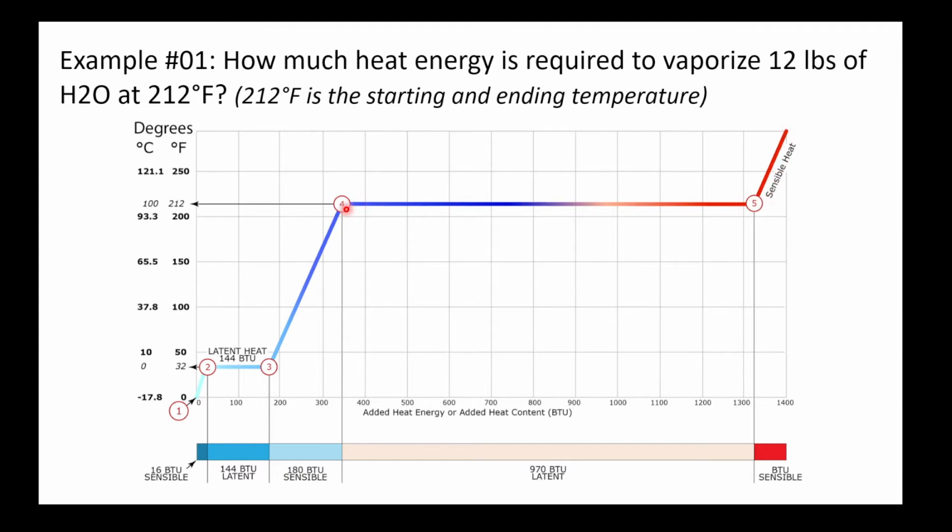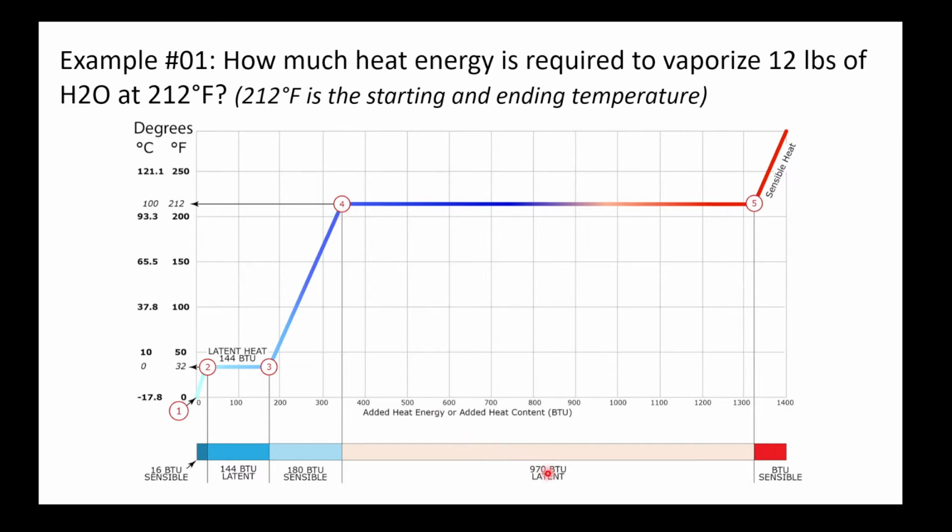Okay? What does that mean? That means you're going to use this line. And this line itself is representing, from 4 to 5, the vaporization of 1 pound of water, and from 5 to 4, it represents the condensation of 1 pound of water.